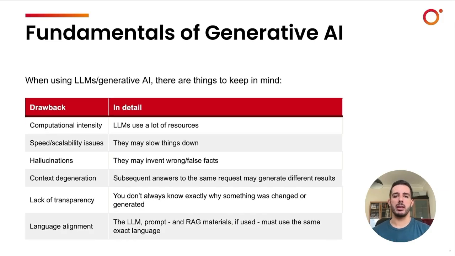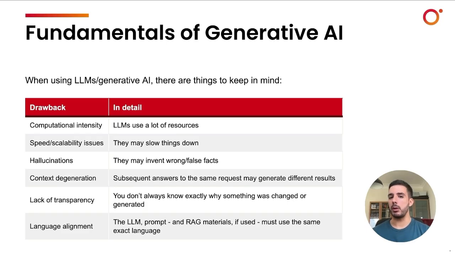A little bit of what we talked about, right? Things may slow down. So certain tasks that you could do in an automated manner, such as acquiring data, now you can do them in an automated manner, but it's not going to be as fast. And as soon as we start talking about large quantities of data or even big data, then scalability can become an issue and LLMs can actually become a bottleneck. Then we also have hallucinations, right? Remember that LLMs may invent wrong or false facts.